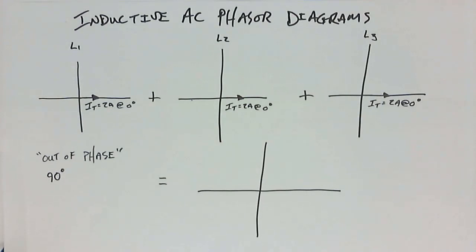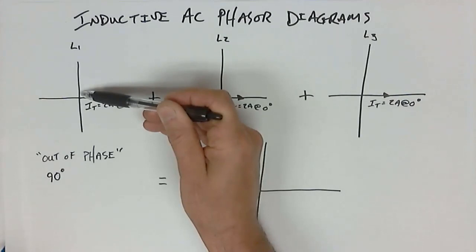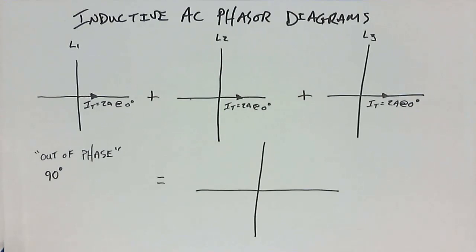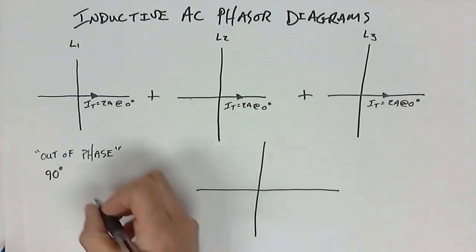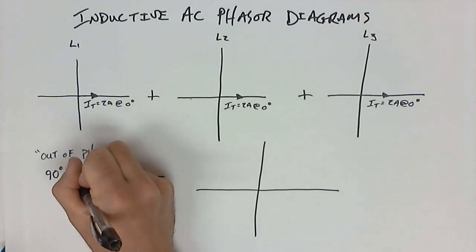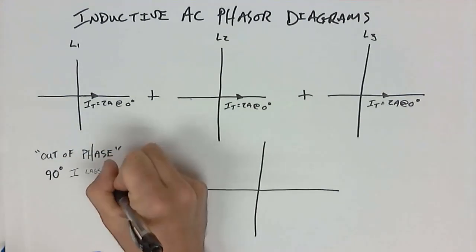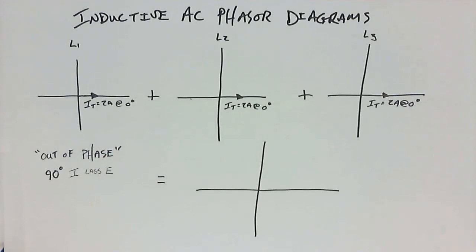We can either put the voltage down here, or we can put the voltage up here. Both of those would be 90 degrees worth of out of phase relationship, right? In an inductive circuit, it's always 90 degrees out of phase, but the current is always lagging the voltage. So in an inductive circuit, the current, I, lags the voltage.